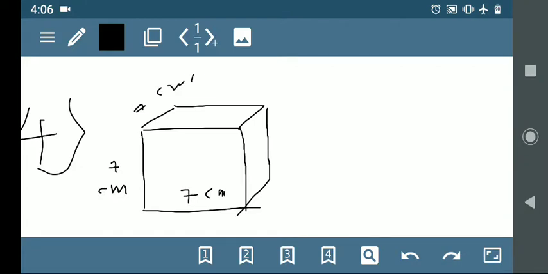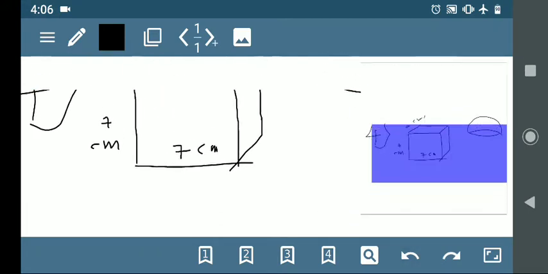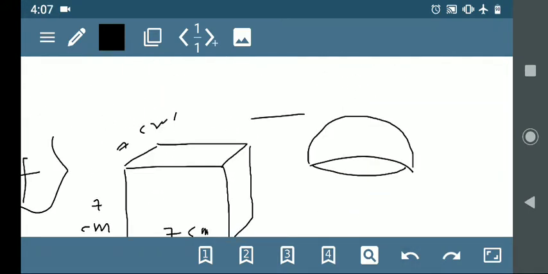Is surmounted by hemisphere. So what is hemisphere? Half of a sphere is hemisphere. So surmounted by hemisphere in the sense this hemisphere is placed on our cubical block.